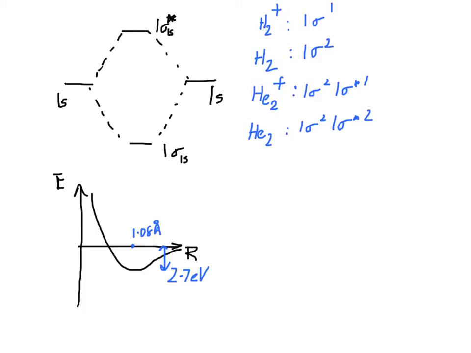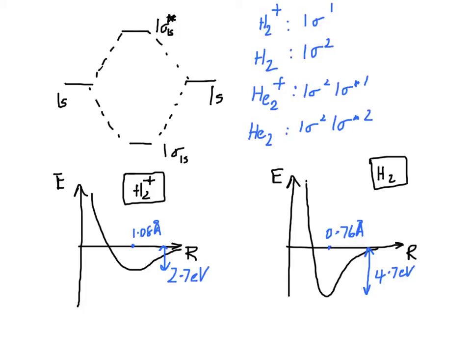And this is something we touched upon at the very end of the previous lecture. So the total energy has a minimum, and the minimum occurs at a bond distance of 1.08 angstrom, and the bond energy corresponding to that distance is 2.7 eV, meaning that's the energy we need to supply to break up our H2 plus ion.